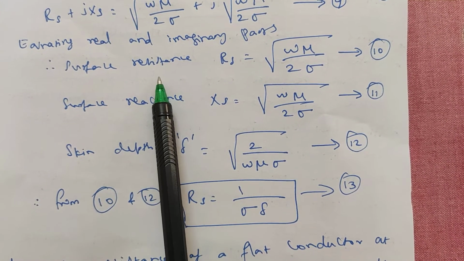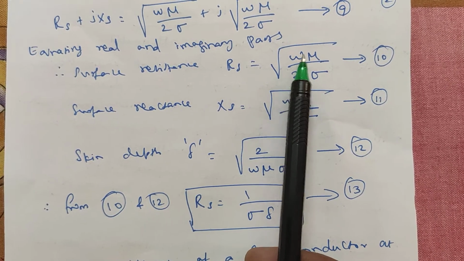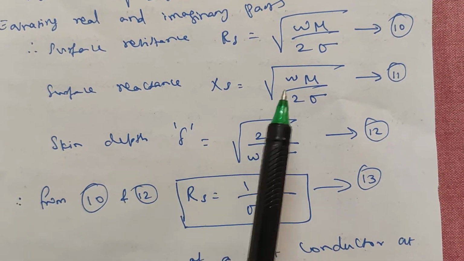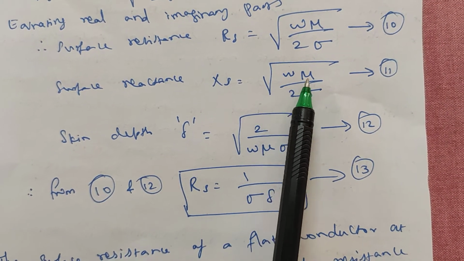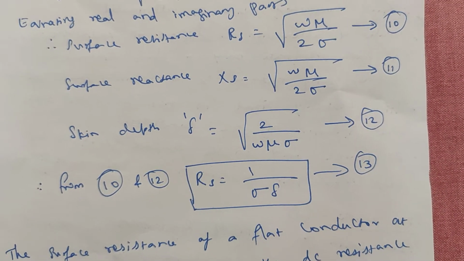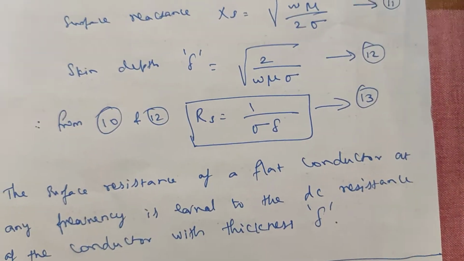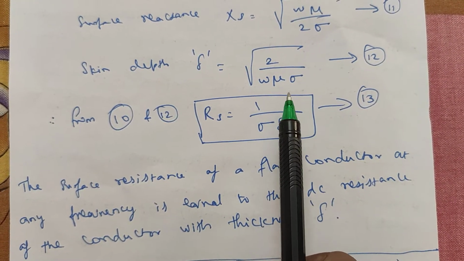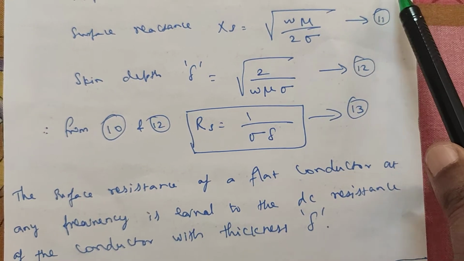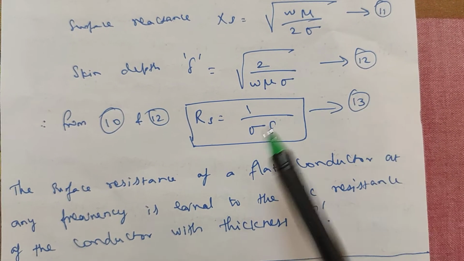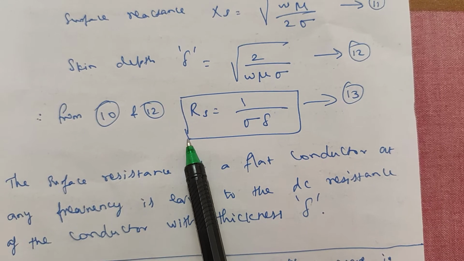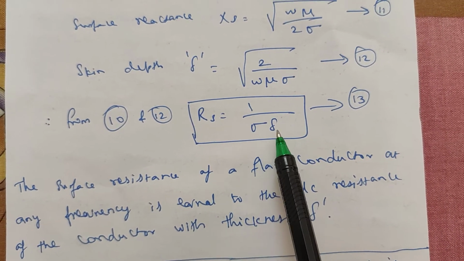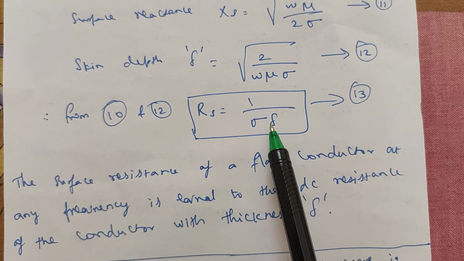So surface resistance Rs is equal to root of omega mu by 2 sigma, and surface reactance is root of omega mu by 2 sigma. Based on these two expressions, we get the skin depth delta is equal to root of 2 by omega mu sigma. So from equation number 10 and 12, we can state that the surface resistance is inversely proportional to conductivity and also skin depth.